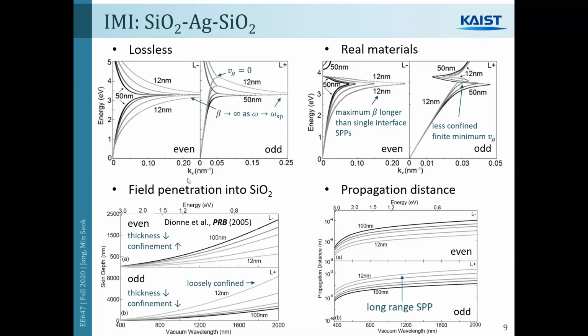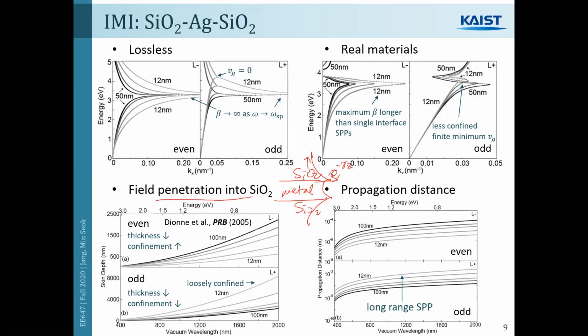And then if you look at the field penetration into the silicon dioxide, you have metal here, silicon dioxide there, and then this field penetration, which is e to the minus gamma z. The field penetration is this portion, which we call the skin depth.